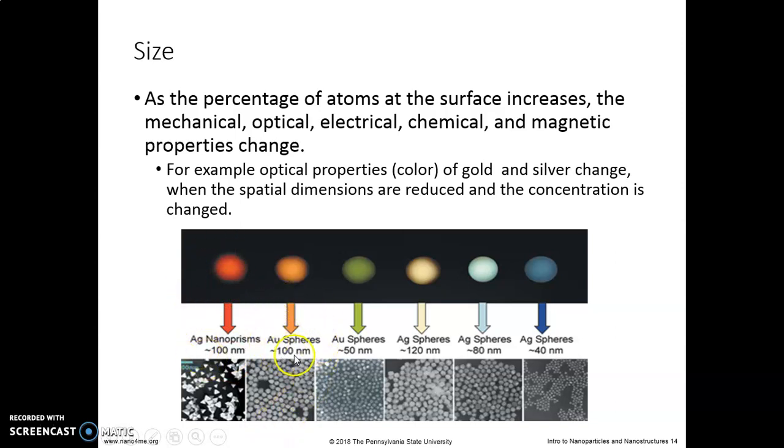Gold spheres of 100 nanometers appear yellow. Similarly, 50 nanometer Au spheres appear green. For Ag of approximately 120 nanometers, it is nearly light white, or you can take it as light brown. Then silver up to 80 nanometers gives light blue. Then thick blue for 40 nanometers.